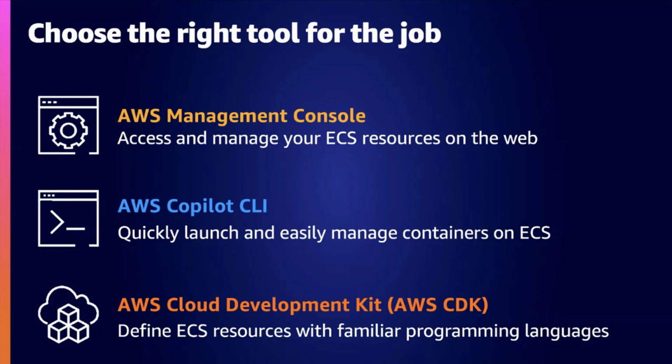This middle choice is the Copilot CLI. And what I like most about Copilot CLI is it gives us kind of the best from the top and bottom choices. Instead of us writing infrastructure as code, Copilot can do that for us. But also, it's as easy as poking around on the console and choosing our own path.